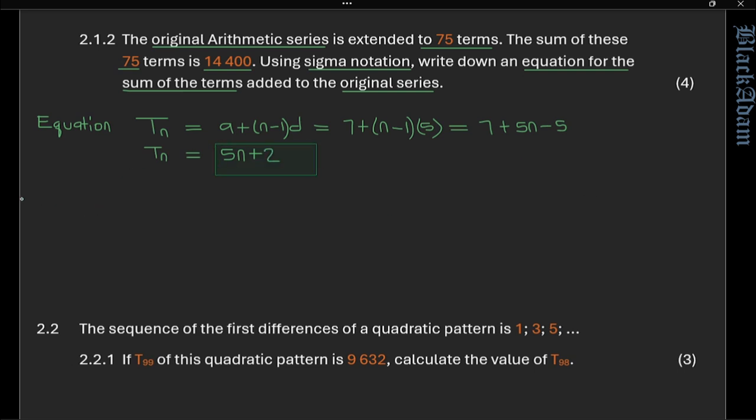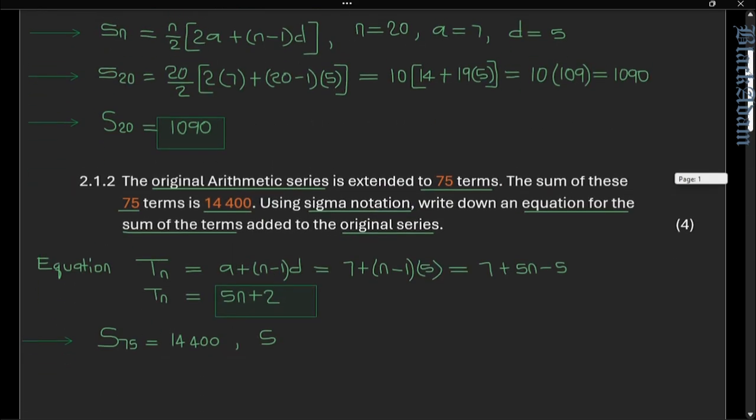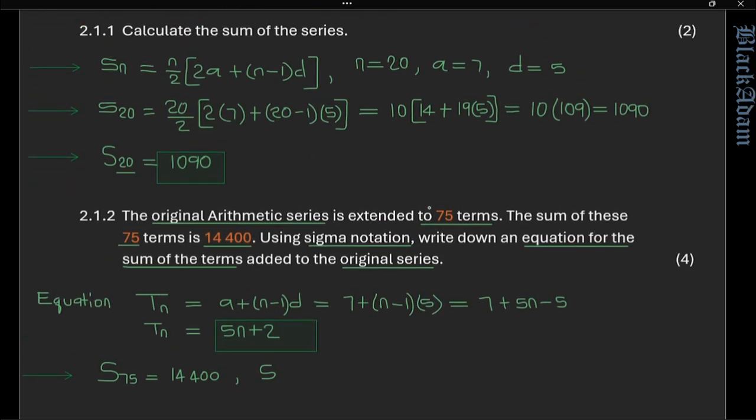So that's our equation. Now we know that the sum of 75 is going to be 14,400, and the sum of 20 is going to be 1090.